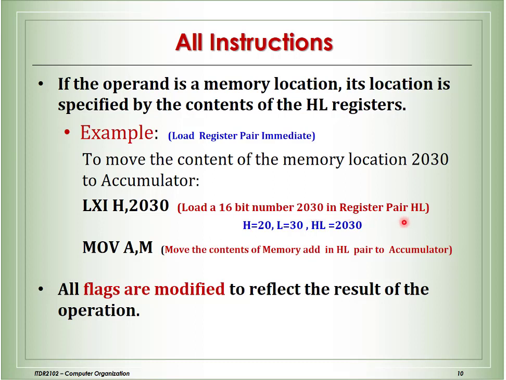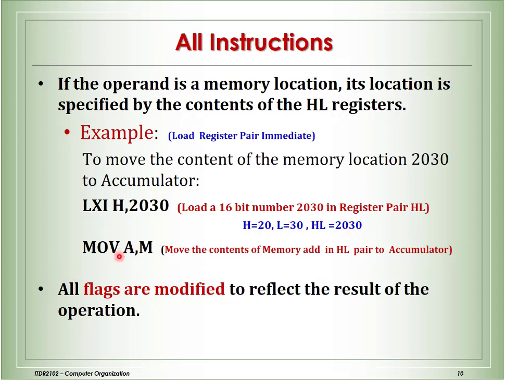Here we have general purpose registers, and they are in pairs. H is one register and L is another, higher and lower. So we are going to load a 16-bit number 2030 into the higher and lower register pair. After execution of this instruction, the value of H will be 20 and L will be 30. As a pair, the value will be 2030.